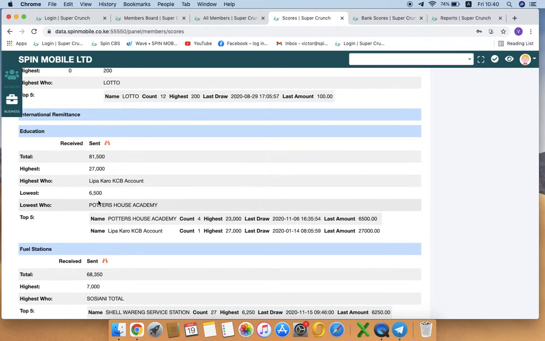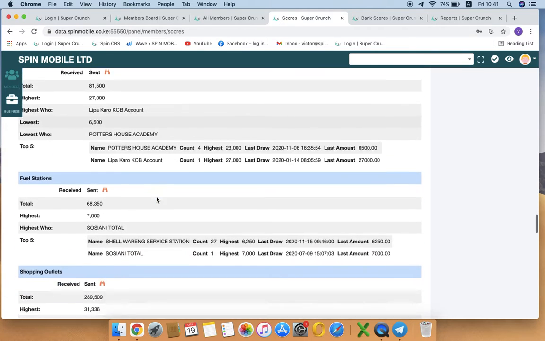Education institutions that are paid money, this could indicate where the children go to school, how much they are paying. This can also indicate the lifestyle of this particular borrower. How much can they pay in terms of school fees? And also this is a potential cross-selling opportunity or product development in the future as a company.